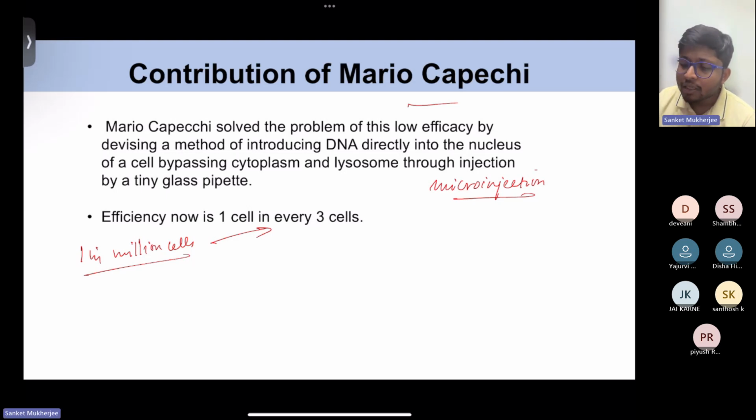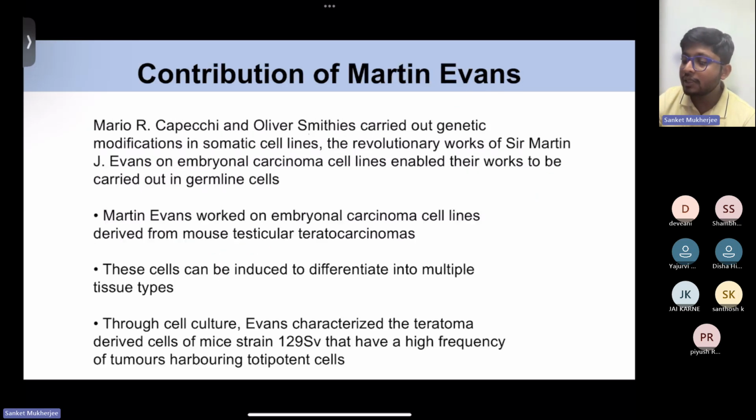Martin Evans, so we will see his contribution. Capecchi and Smithies carried out genetic modifications in somatic cell lines. The revolutionary work of Martin Evans on embryonal carcinoma cell lines enabled their work to be carried out in germline cells. Evans' work was on embryonal carcinoma cell lines derived from mouse testicular teratocarcinomas.